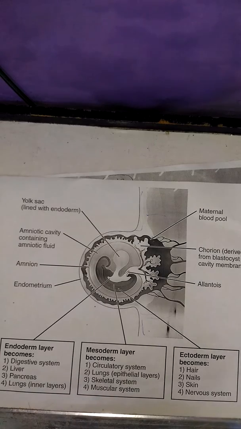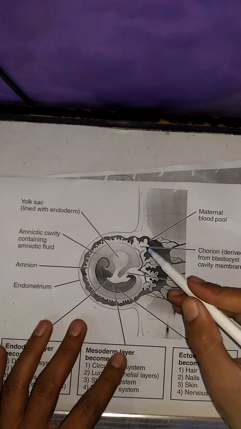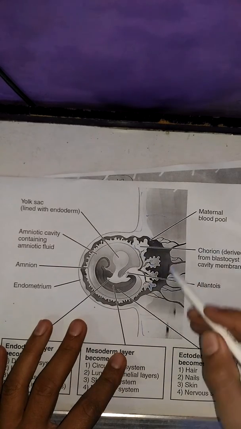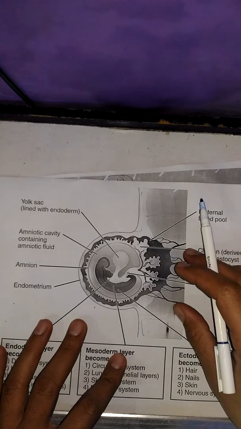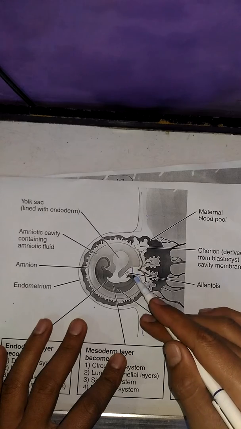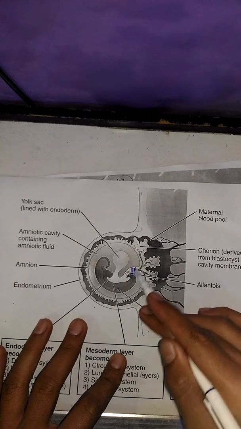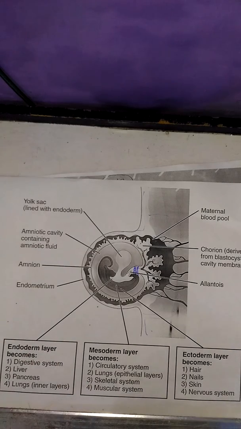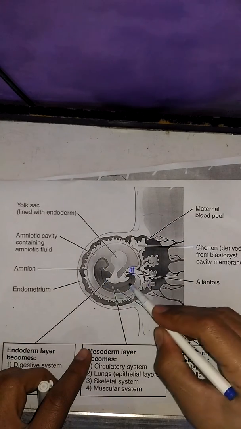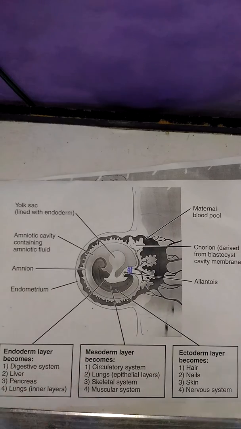So here, these villi, along with the blood vessels of the mother, are making the umbilical cord. So this is the umbilical cord coming out. This is an embryo.